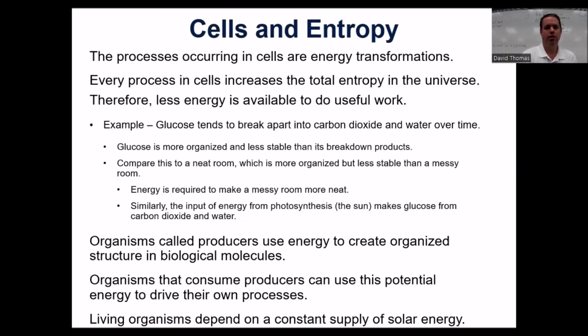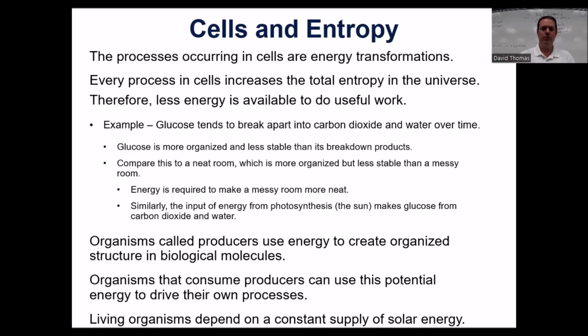Organisms called producers, we're going to look at this later in another chapter, use that energy to create organized structures in biological molecules. In other words, plants are producers. They use solar energy, go through photosynthesis, and store the energy in biological molecules such as carbohydrates.